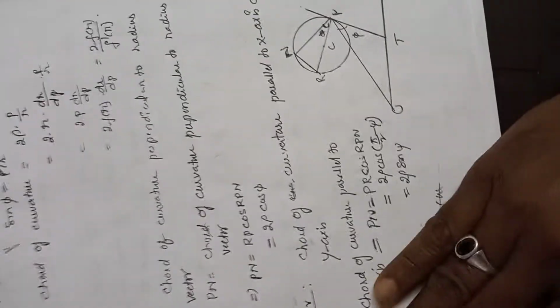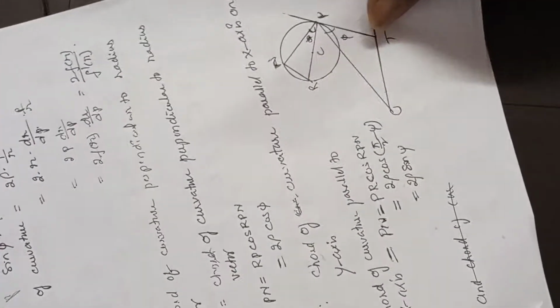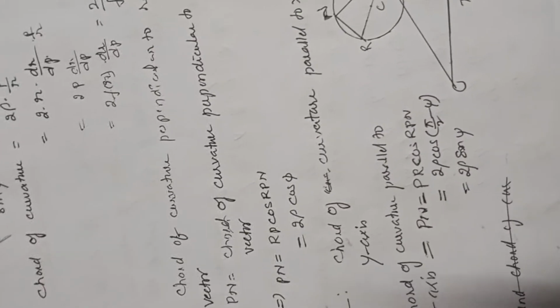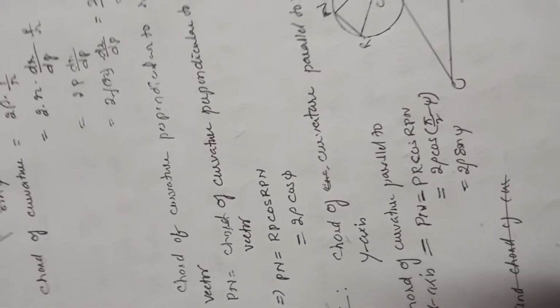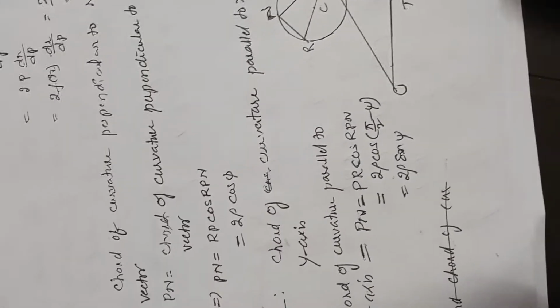Now here next one, case 3, Cardock curvature perpendicular to the radius vector. If the Cardock curvature is perpendicular to the radius vector, then the Cardock curvature is equal to 2 rho cos phi. Right? Next, the Cardock curvature parallel to x-axis and y-axis.